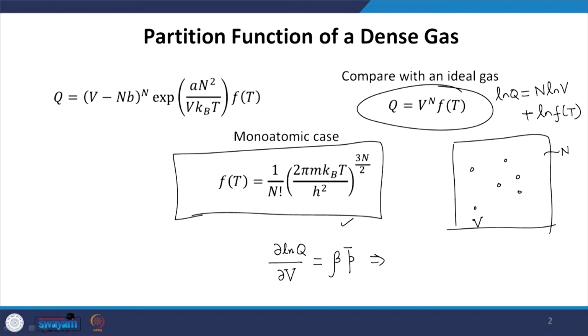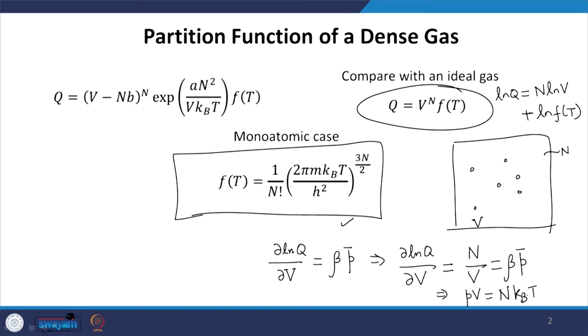The second term does not contribute to the derivative with respect to volume. So what I essentially got was ∂ln q/∂V is equal to n/V is equal to beta p bar, and that gives me PV is equal to n kBT.